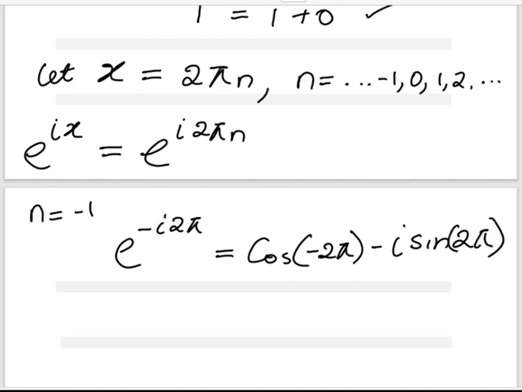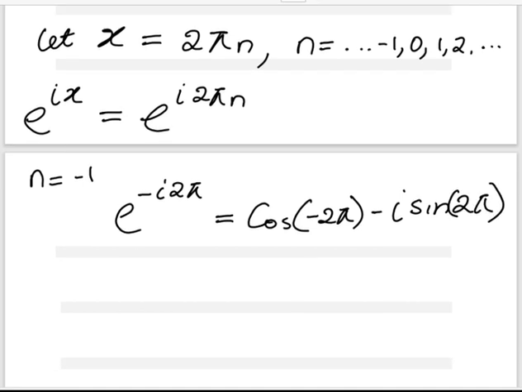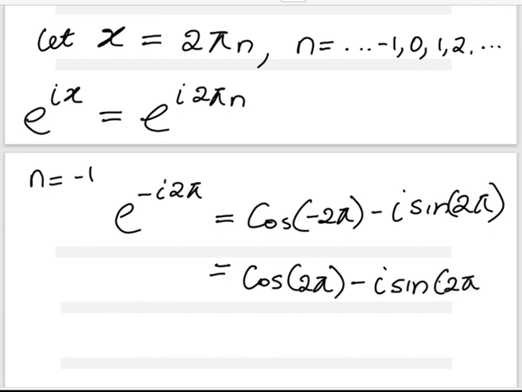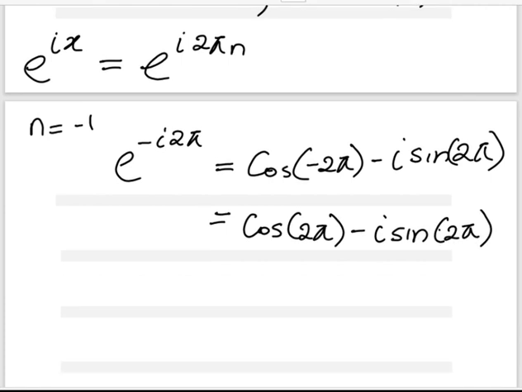And we know that cosine of a negative angle is the same as the cosine of that positive angle. So this is simply cosine 2 pi minus i sine 2 pi. Cosine 2 pi is 1 and sine 2 pi is 0, and this is still going to give us 1.